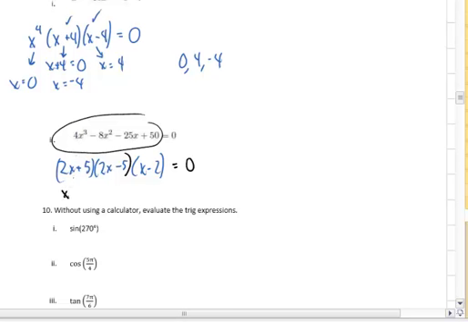So here we have 2x plus 5 is equal to 0, 2x minus 5 is equal to 0, x minus 2 is equal to 0. So the three answers for this are: from the first one you would get -5/2, from the second one you would get 5/2, and from the last one you would get 2. These are the three x values that are the real solutions, or the zeros.